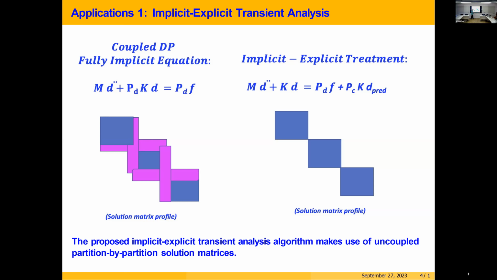So in the first thing what we did was put the PC times KD on the right-hand side, and you predicted this guy, and then you integrate this part by implicit integration. You only need the factorization of this, this, and that. So it's a block diagonal factorization. It's very efficient. It doesn't matter whether you have 100 or 1,000 partitions. And this is done in a vectorial fashion. Okay.